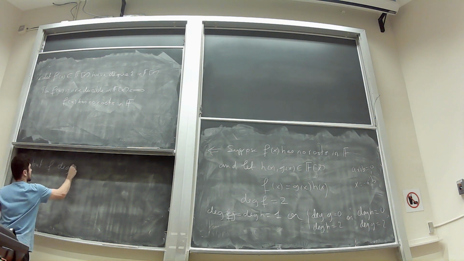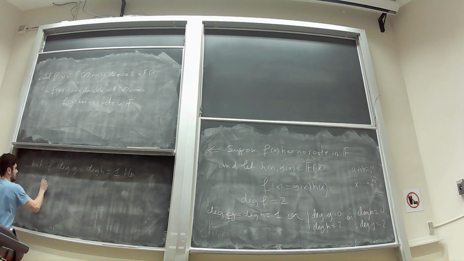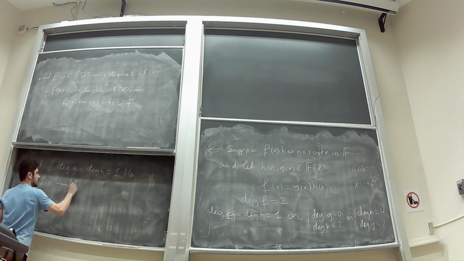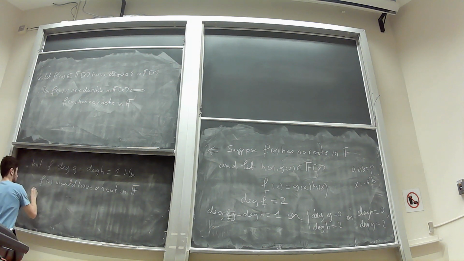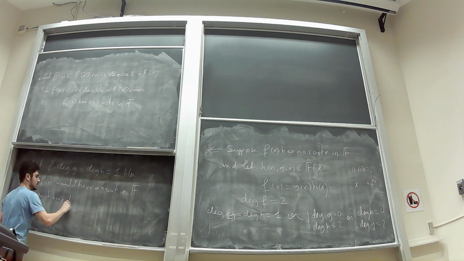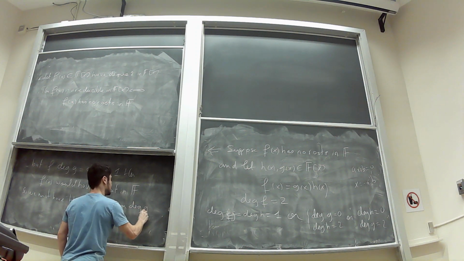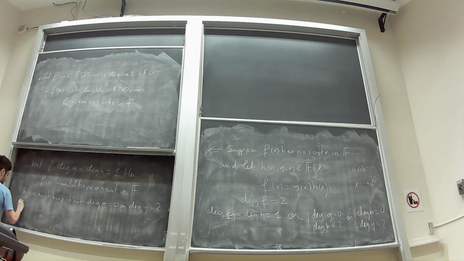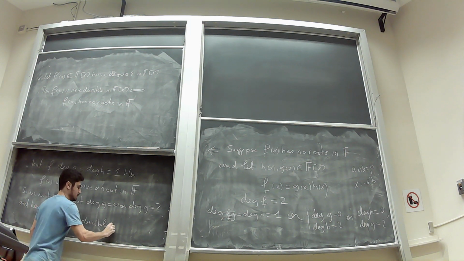But if the degree of g is equal to the degree of h is equal to 1, then f of x will have a root in F. So we must have that the degree of g is 0 or the degree of g is 2, and hence f of x is irreducible in F[x].